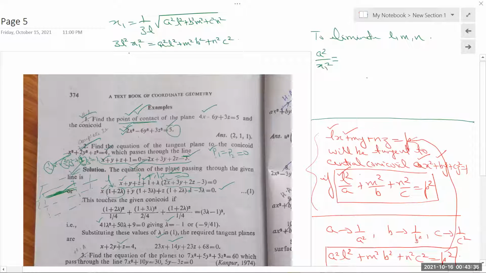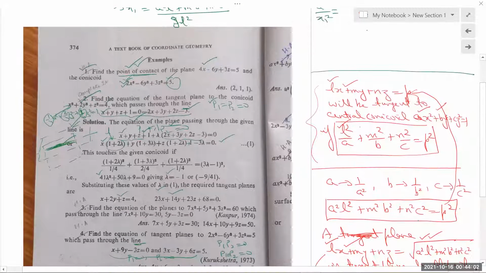So this implies that x1 square is equal to a square l square plus m square b square plus n square c square, whole divided by 9l square. Actually, this one is 9 because we are squaring both sides. Now, I need to use this condition.